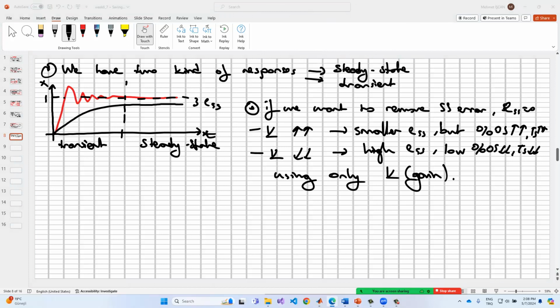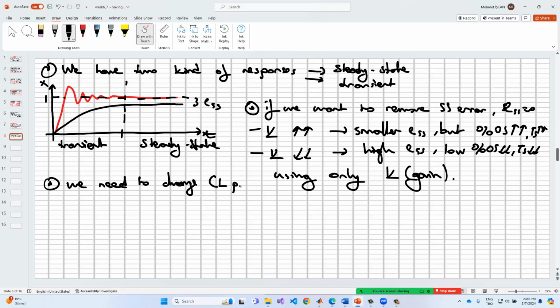So how can we adjust or change the system based on this information? Firstly, you must know that we need to change the what?